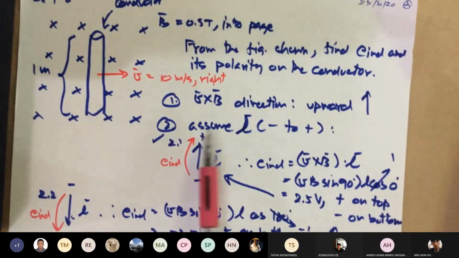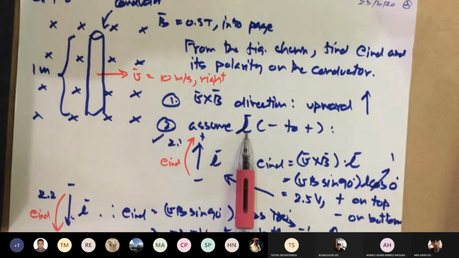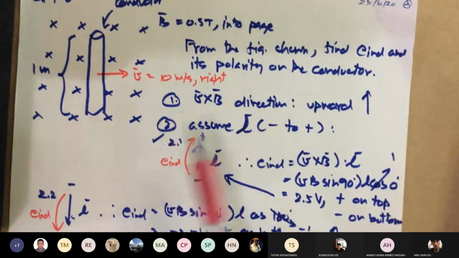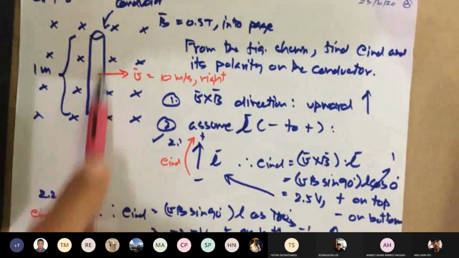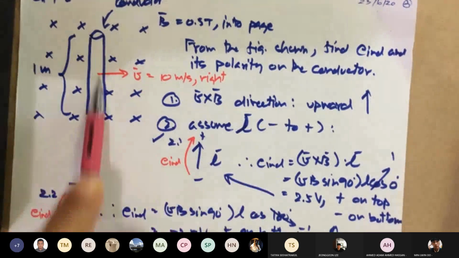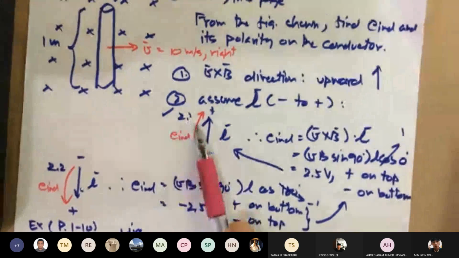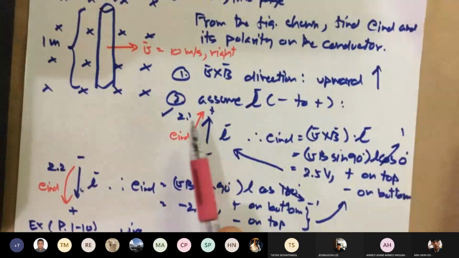Second step is to assume vector L. The assumed vector L has to be along the conductor length. There are two ways of doing it, so I'm showing you 2.1 and 2.2.